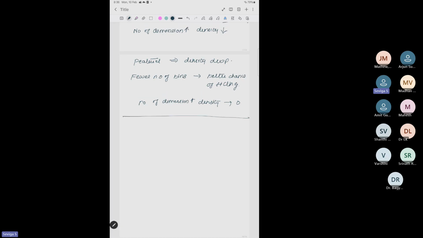The curse of dimensionality is one reason why machine learning needs a lot of data. So why do we need a lot of data?